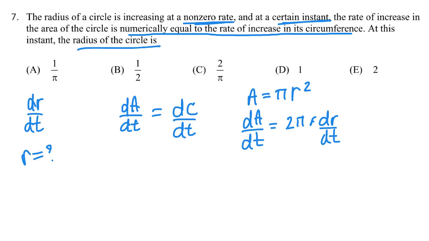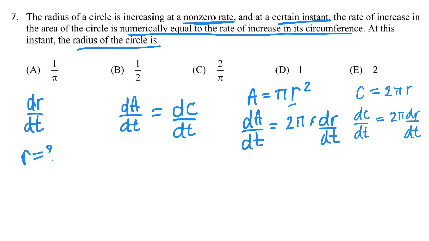Your circumference is pi times the diameter, but I really would like to keep these terms as similar as possible, so let's call it 2 pi r. So if we find the derivative here, dC/dt, that's going to give us 2 pi dr/dt.